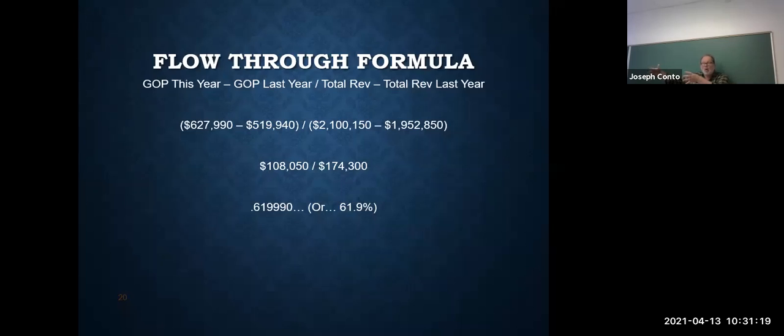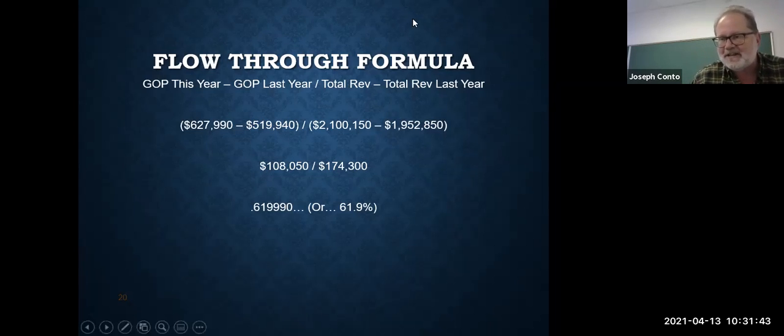I should make even more of this revenue into bottom line profit. And this says, yeah, you did. In fact, 61.9% of the additional money you made this year over last year, just numbers wise, went right to profit. And that's a lot of new money. It means that you were able to bring in new money and not, I was going to say fritter. Is that a word? Fritter it away.